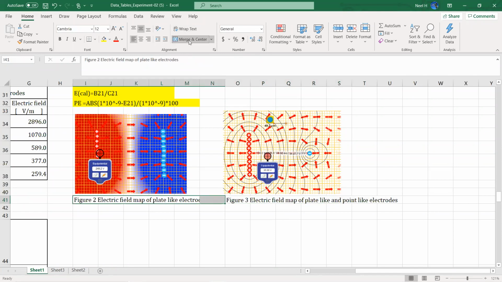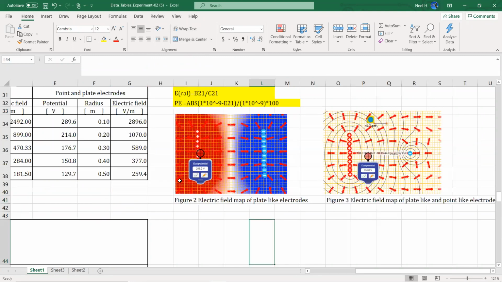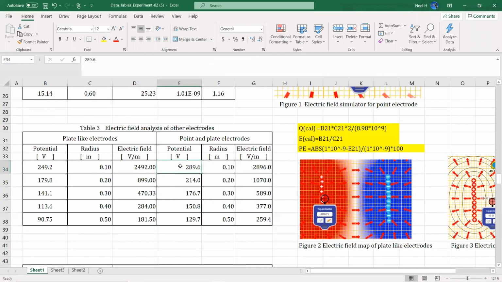And what were your numbers for the voltage, like for the last table? Last one, voltages, I measured each 10 centimeters, about like 289, 214, 176, 150, and 129. 176. Okay. All right, thank you.